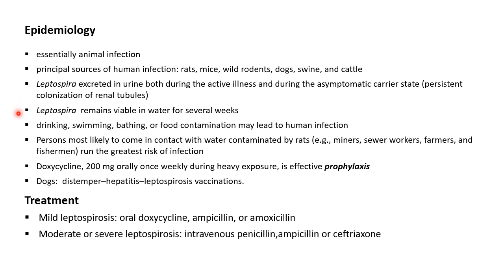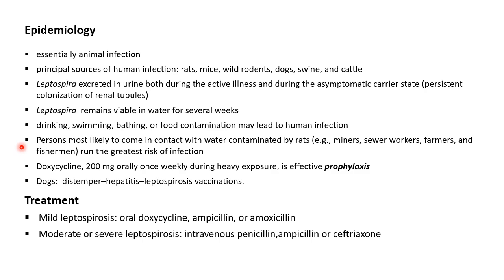Leptospira can remain viable in water for several weeks. The different activities, drinking, swimming, bathing, food contamination, and we're familiar with what happens in the Philippines, wading in contaminated flooded areas, may lead to human infections.